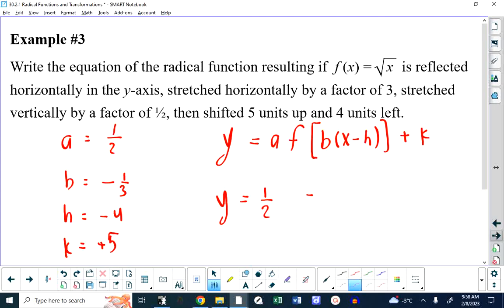Well, b bracket x minus h is this. F of, it's a square root function. And that's where the function ends. The function part of the transformed equation ends there. I mean, the whole thing is a function, but I'm saying this part dealing with the b and the h ends there. Then we go plus k, which is 5, and we're done.